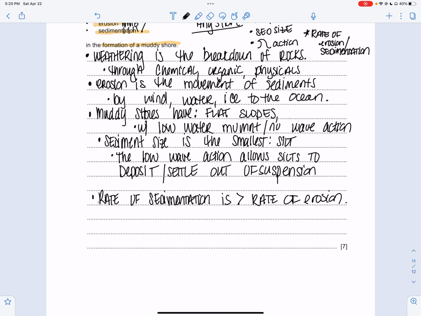Erosion is the movement of sediment. Sedimentation is the deposition of sediment. Deposition is the settling of sediment. Deposition and sedimentation are really similar definitions.